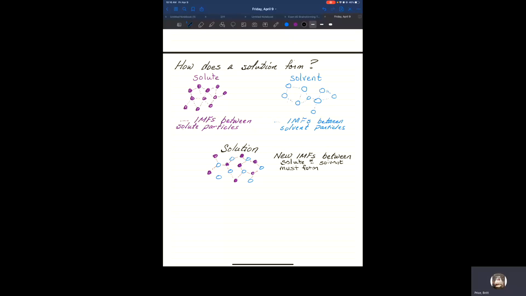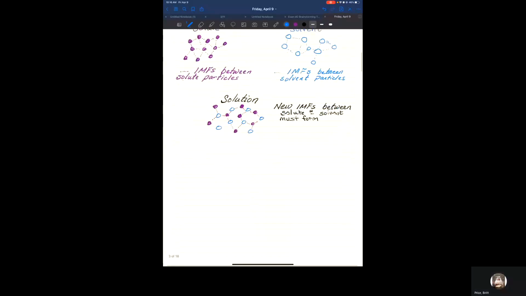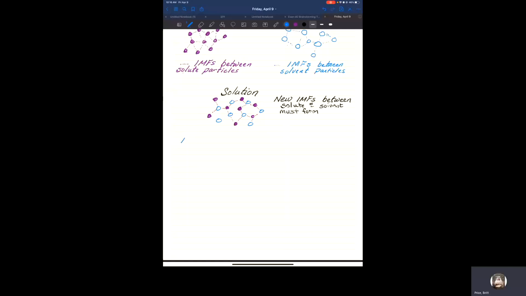So we need to break the solvent to solvent IMFs, maybe not break, but overcome. You can almost think of it as a 3-step process.